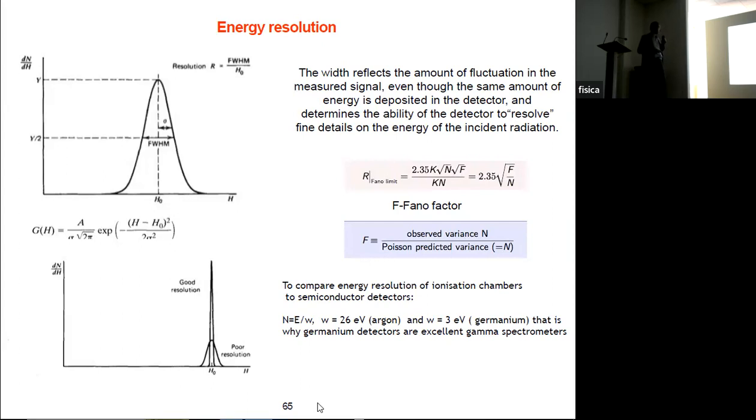Remember from my previous lecture that the number of charge carriers is equal to the initial energy of the particle divided by the W value, which is the energy to create one electron-ion or electron-hole pair. For example, for ionization chambers which utilize argon, this value is 26 eV, and for germanium, this value is about 3 electron volts.